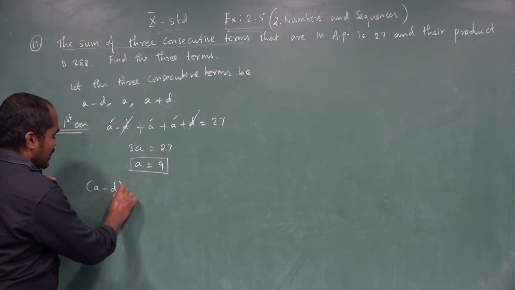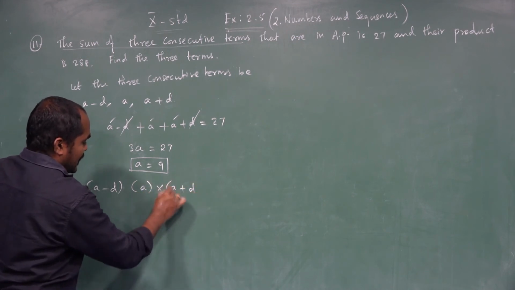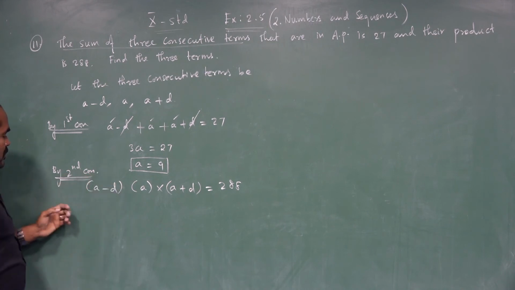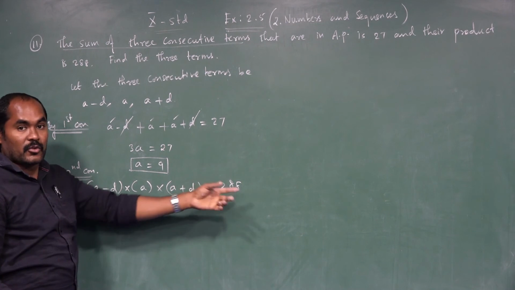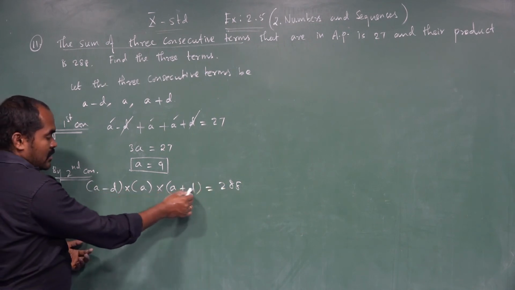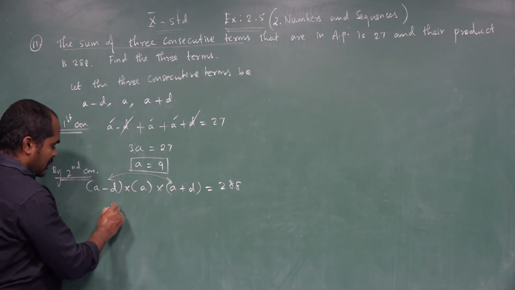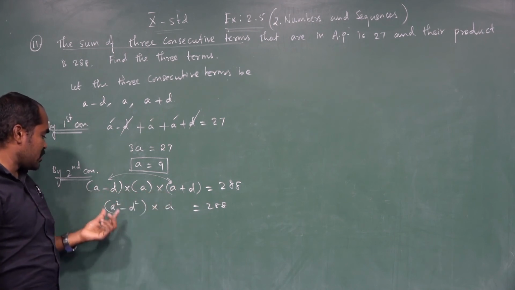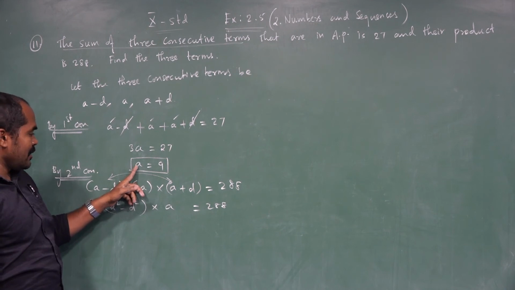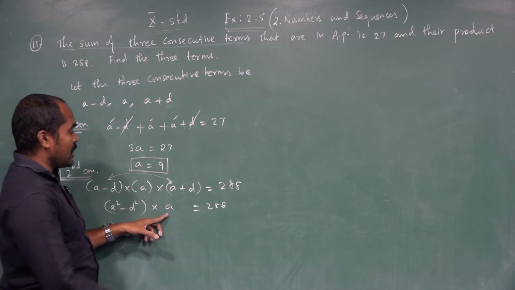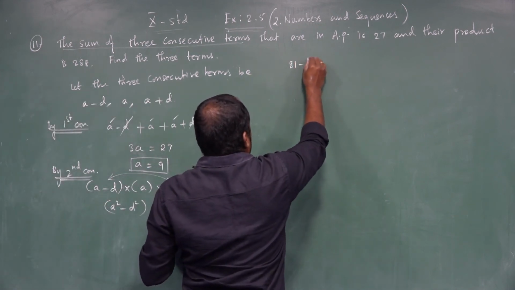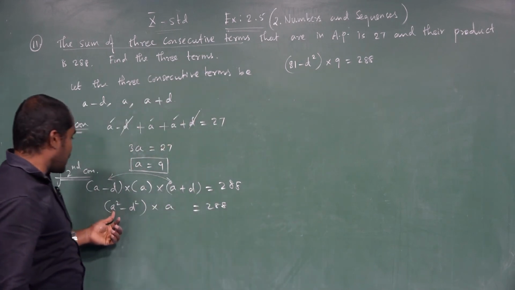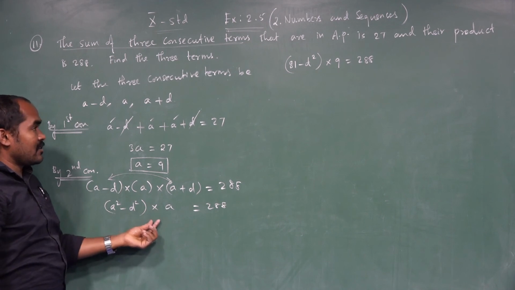That means A minus D into A into A plus D equals 288. Using the algebraic identity, A plus B into A minus B is A square minus B square, so (A square minus D square) into A equals 288. We already know A is 9, so substitute: 9 square is 81, so (81 minus d square) into 9 equals 288.